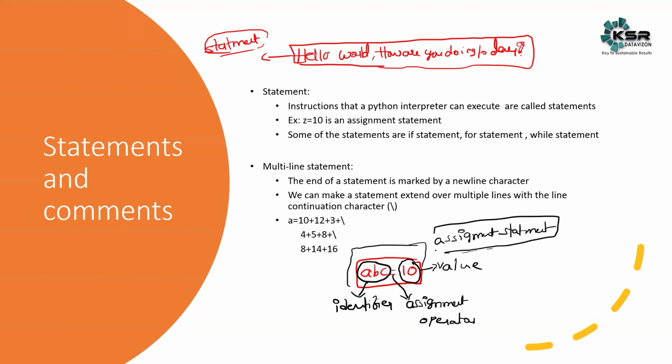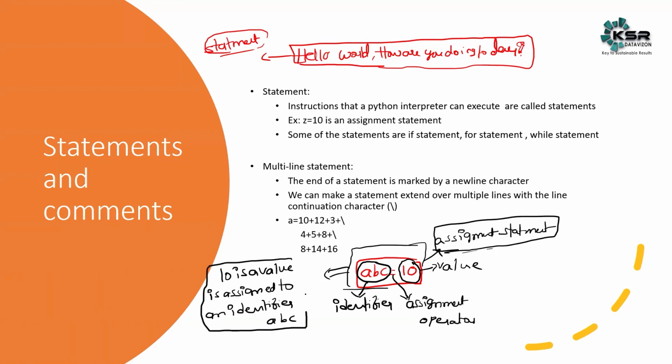The entire thing is called an assignment statement. However, if you want to read this statement, how do you read it as a layman? 10 is a value that is assigned to an identifier ABC.